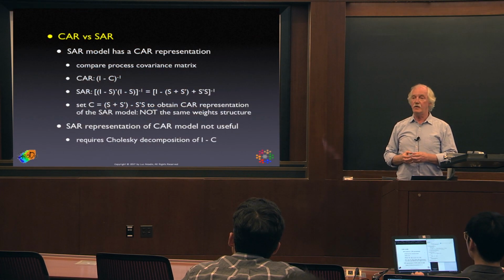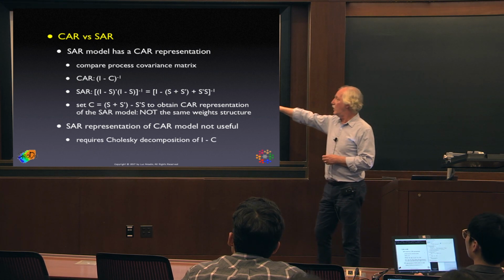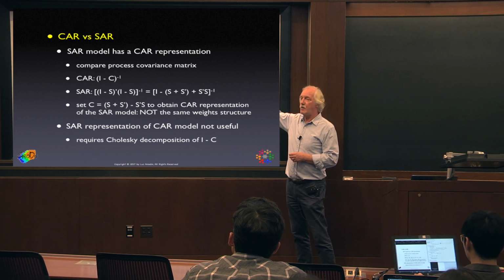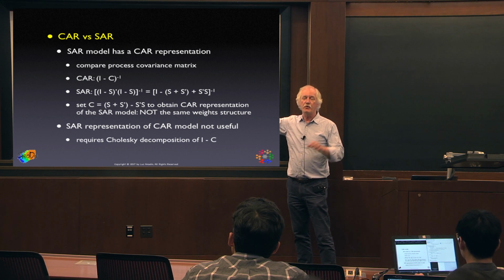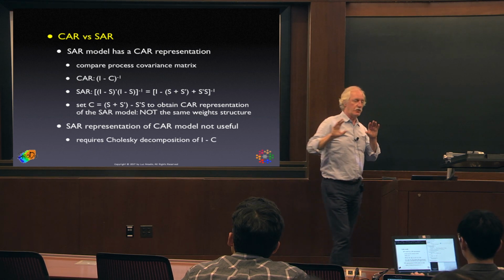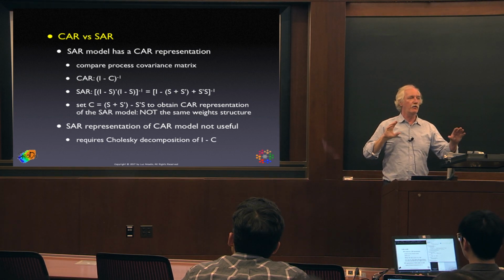But it's not the same, right? It's not W anymore. It's this combination of W, W prime, and W prime W. So that's a different animal. So they're not the same. It's just like moving average and autoregressive.